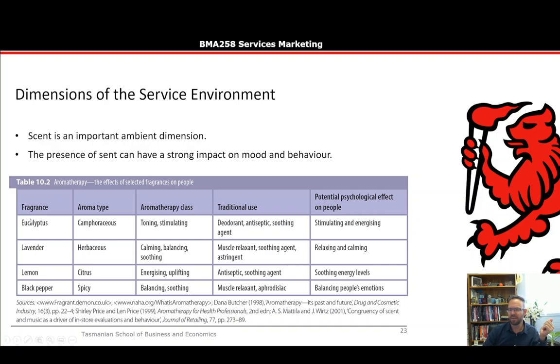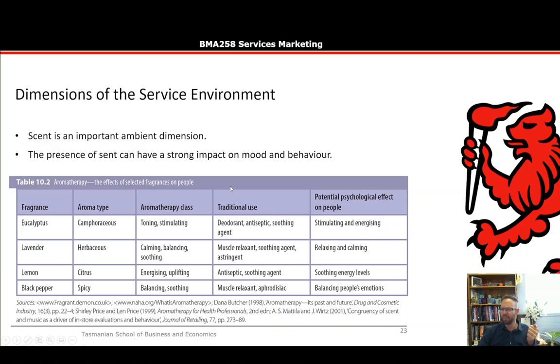So the fragrance, such as eucalyptus, the aromatic, I don't know how to say these words, this is beyond my area of expertise, but the aromatherapy class for toning, stimulating, traditional use such as deodorant, antiseptic, soothing agent. Now the potential psychological effect on people is actually stimulating and energizing.